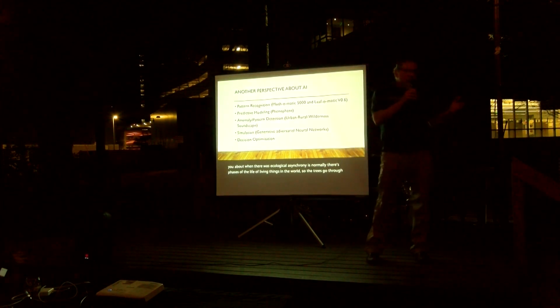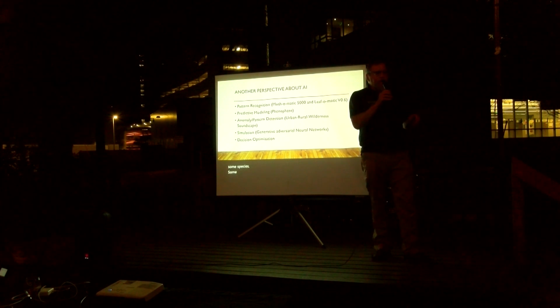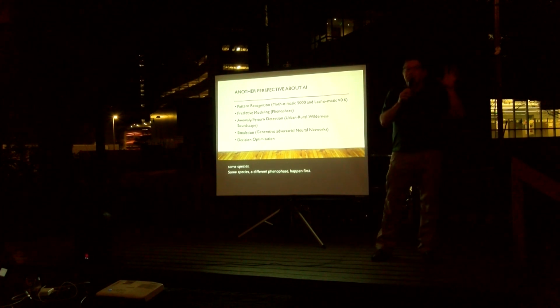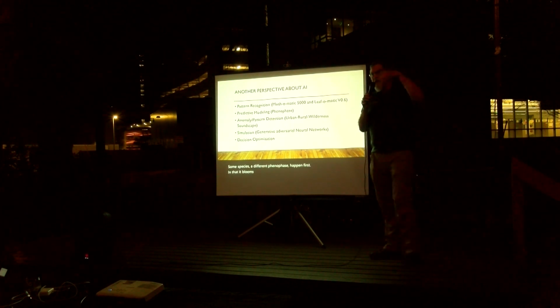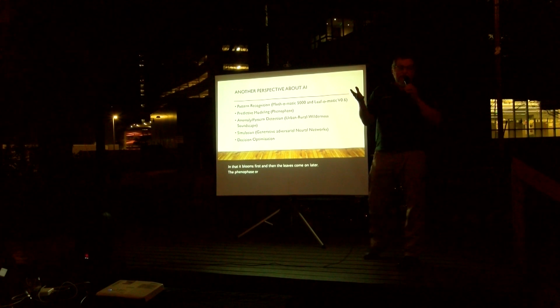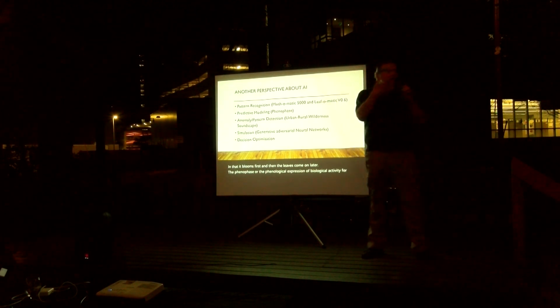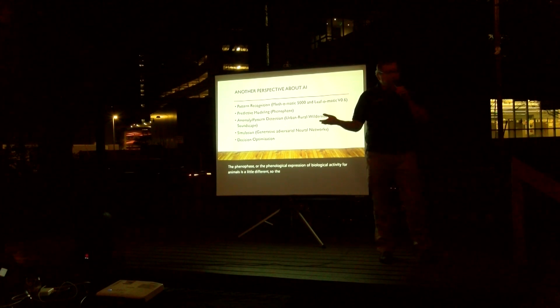In the spring, the leaves come on and they turn green, usually for some species. For some species, a different phenophase happens first, in that it blooms first, and then the leaves come on later. The phenophase, or the phenological expression of biological activity, for animals is a little different. So the birds migrating is a kind of phenophase.